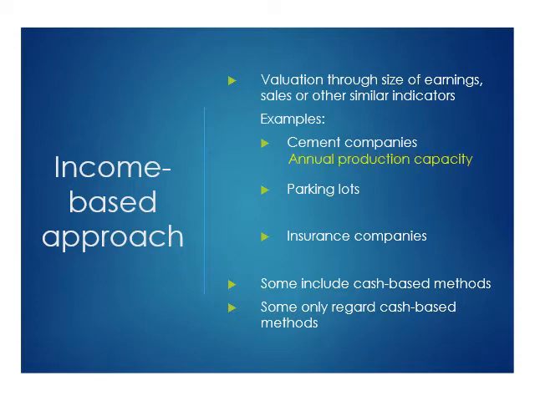For cement companies, we will be looking at their annual production capacity. For companies that provide parking lots, we will be looking at the number of parking spaces, and for companies that provide insurance, we will be looking at the annual premium. Some of these companies might consider cash-based methods, while some can only use cash-based method.